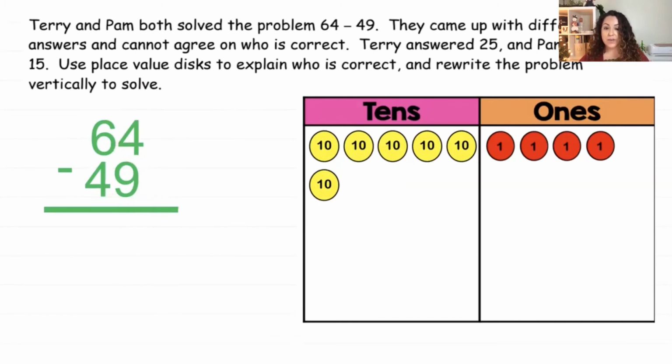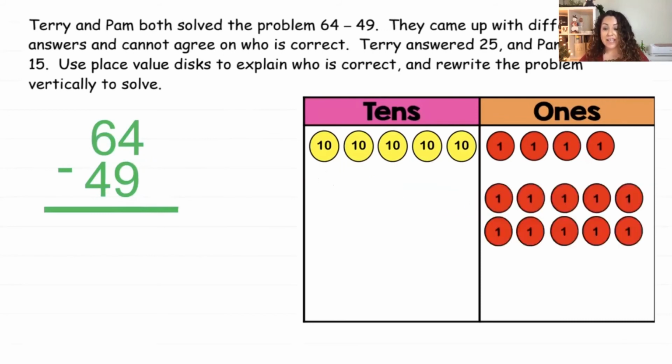So let's go ahead and bring that 10 over and let's go ahead and make a group of 10. So here I have my group of 10 and I need to show what I see. So remember, I no longer have 6 tens. I have 5 tens now. Now, it doesn't mean that that number disappeared. It just means that it looks different. Now I have it in ones. So I don't have 4 ones anymore.